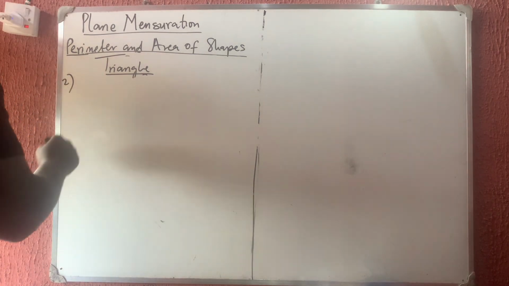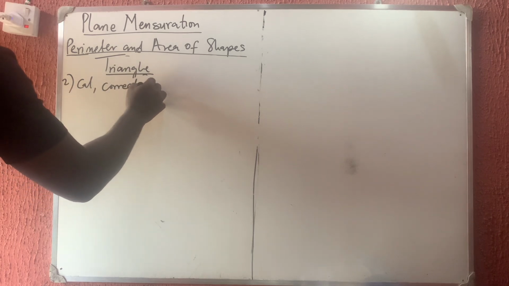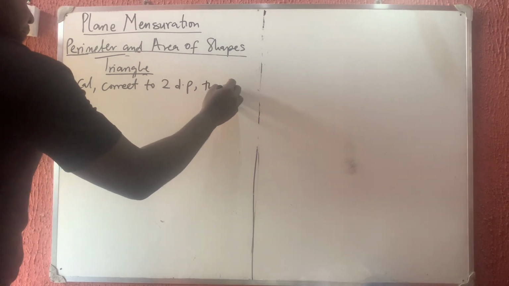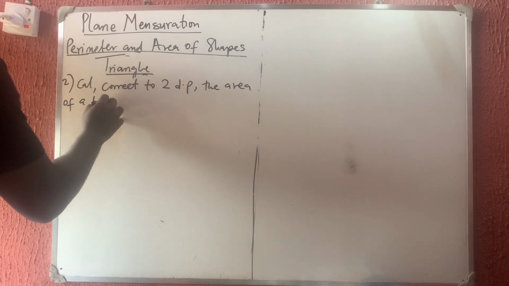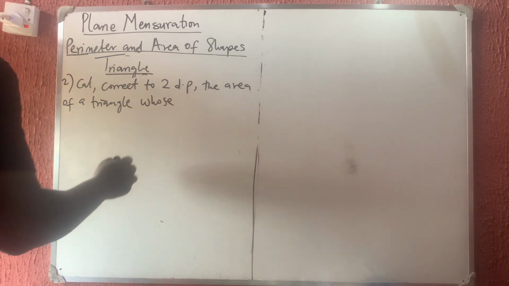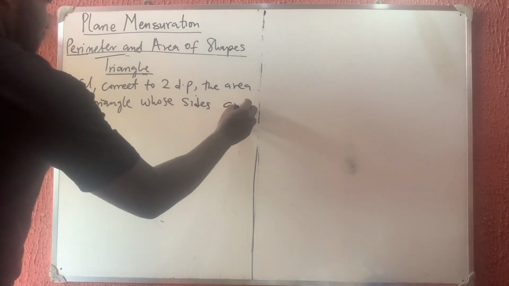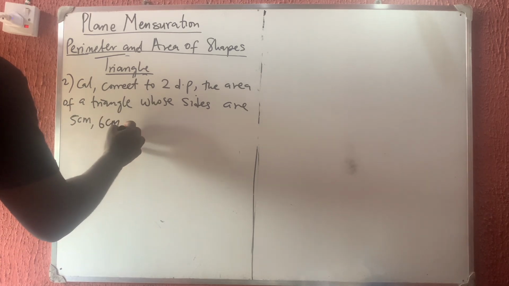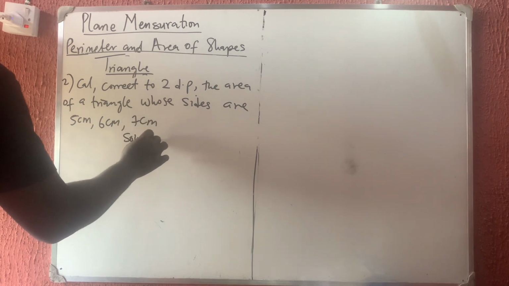And question number 2 said, calculate, correct to 2 decimal places, the area of a triangle whose sides are 5 cm, 6 cm, 7 cm. Okay, solution. This is exactly the same thing I just did now.